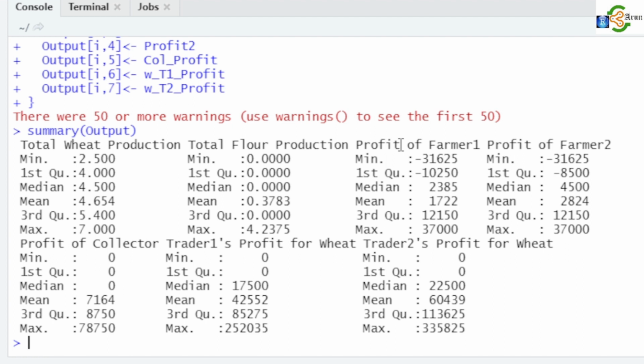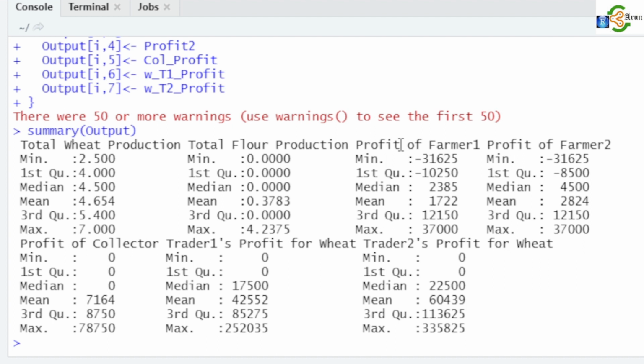But on an average, in the long run, it will be 1,722. It's pretty low. This is the reality of farmers. Okay, you should not be confused with the maximum and minimum value. You should see the distributions. That's the core concept of this simulation. And the same thing for farmer two. It's exactly the same thing, but the average is luckily higher for farmer two, 2,824.